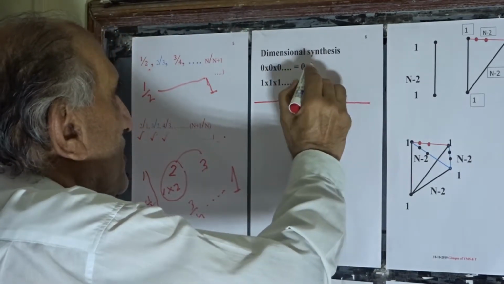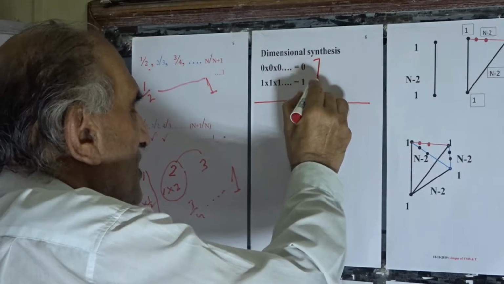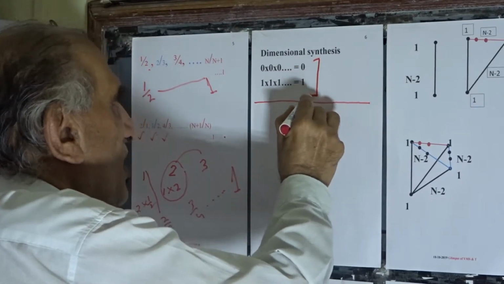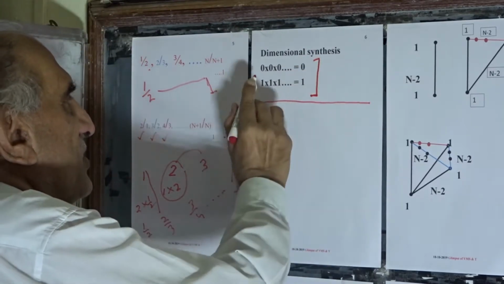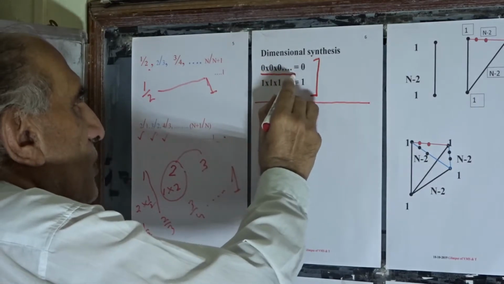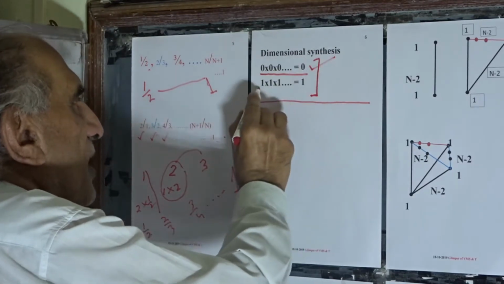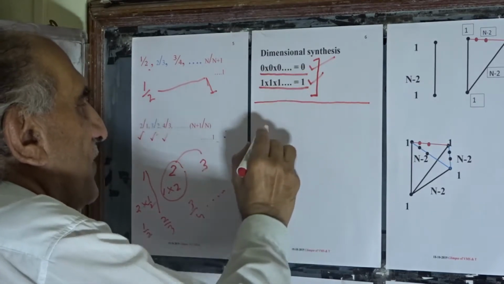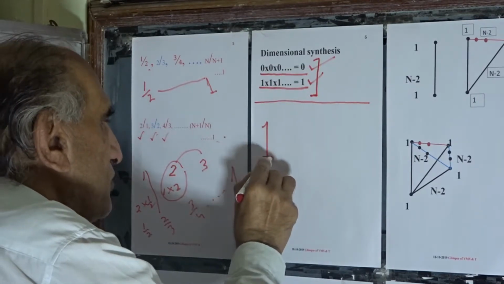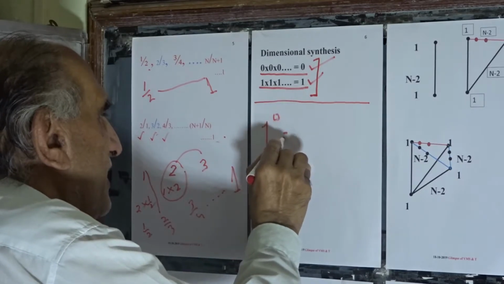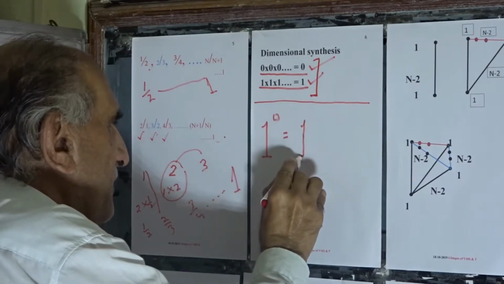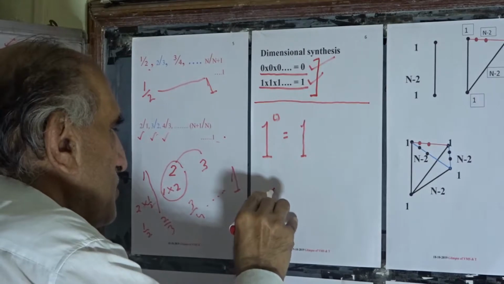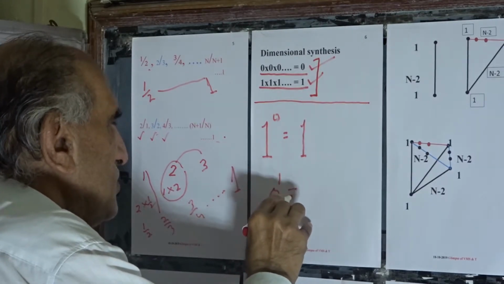For appreciating dimensional synthesis reach of VMS&T, first of all we have to appreciate that 0 into 0 into 0 is a value 0, and 1 into 1 into 1 is a value 1. And further we know that 1 raised to power 0 as well is 1, and 0 raised to power 1 is 0.